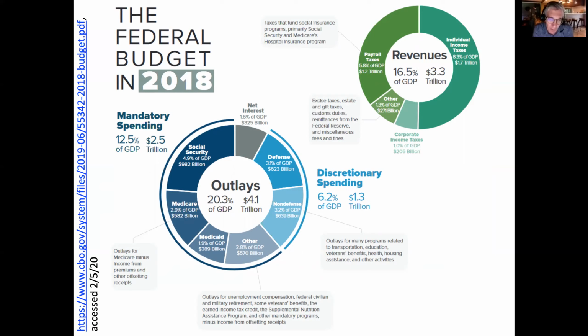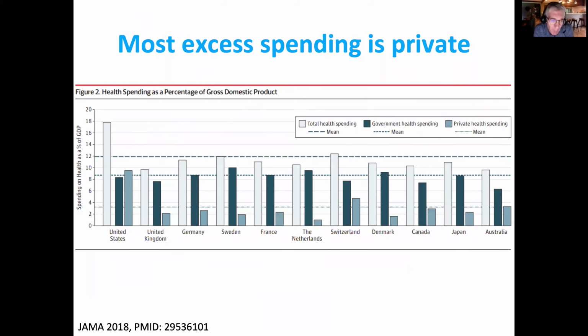But what I'm really trying to get across here is that the 3.5 pushing $4 trillion a year that we spend on healthcare is just an enormous number. It equals what we spend as a society on almost every other, at least federal governmental program combined. And again, most of that is private.